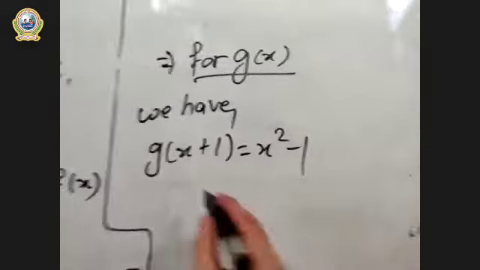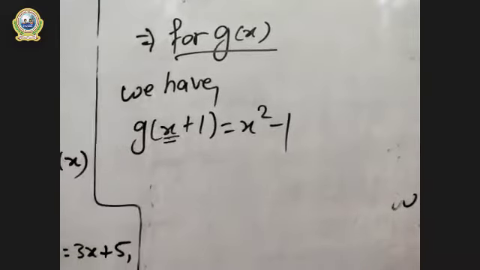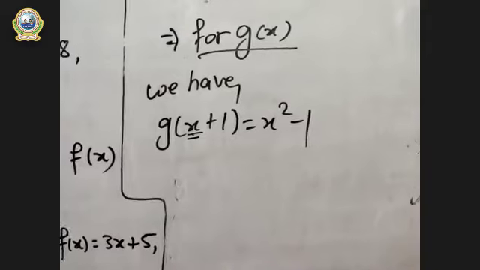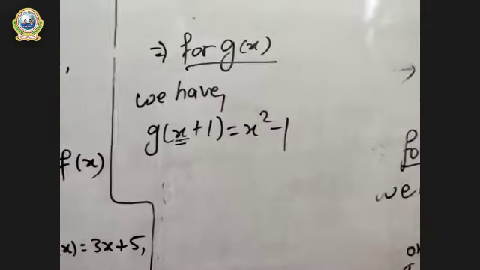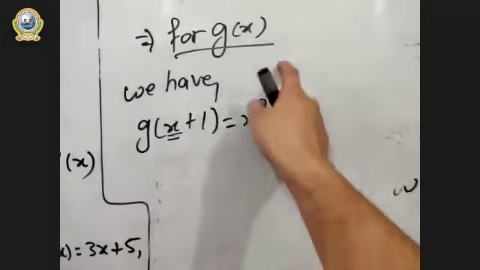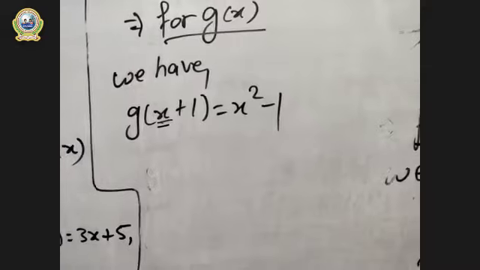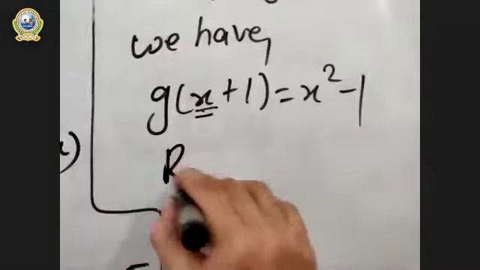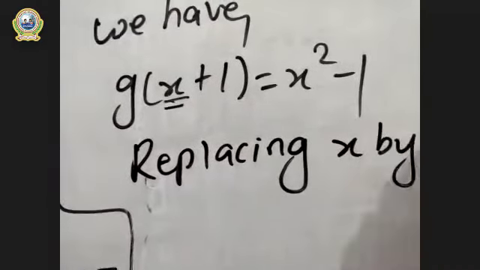Now we must replace this x by x minus 1 to remove the plus 1, right? Now this is the question in which our technique is very much easier. If you are using next type of techniques, then you will fail to obtain x square minus 1. This is a bit harder from next techniques, okay? So use our technique. Now it will be replacing x by x minus 1.